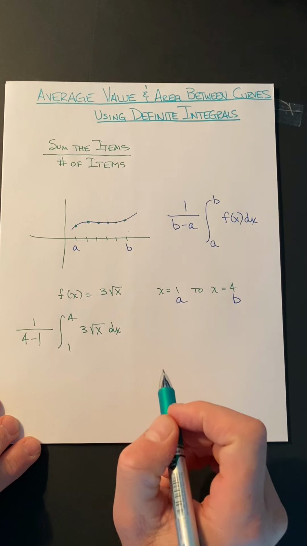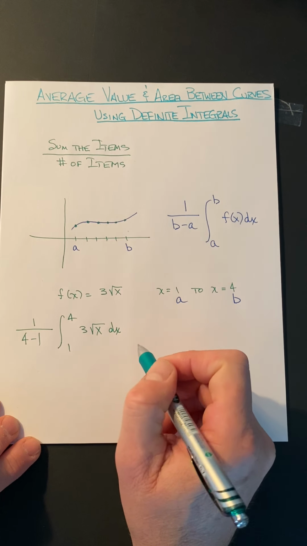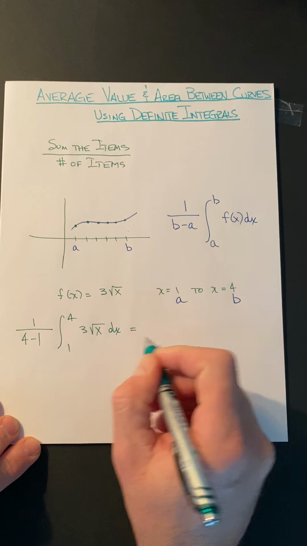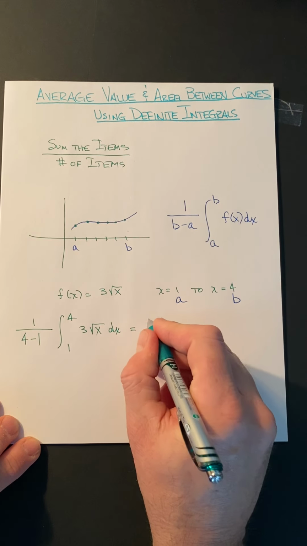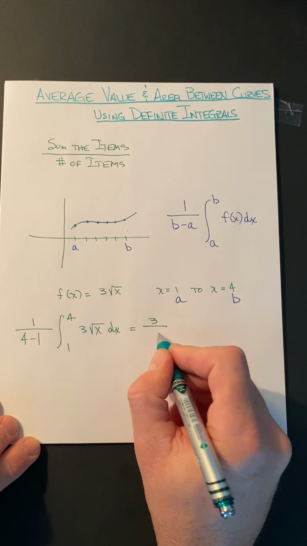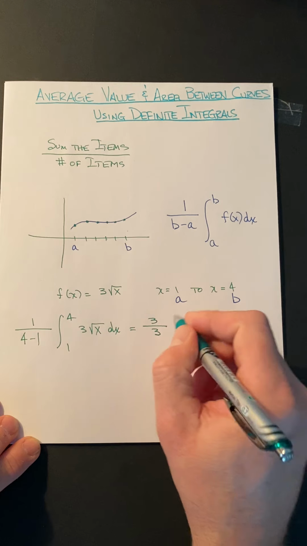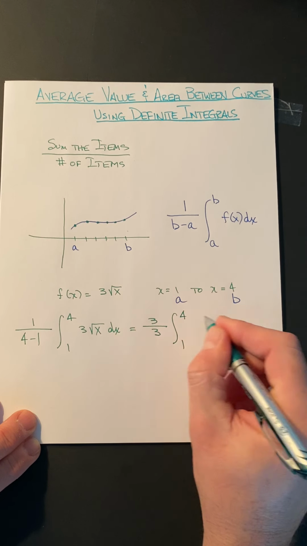So the first thing I'm going to do is I'm going to simplify this and make it easier to work with. When I do that, I'm going to move this coefficient out in front. So I'm going to have 3, right? All over, as it turns out, 3 times the integral of 1 to 4.